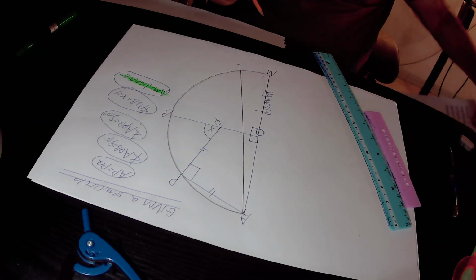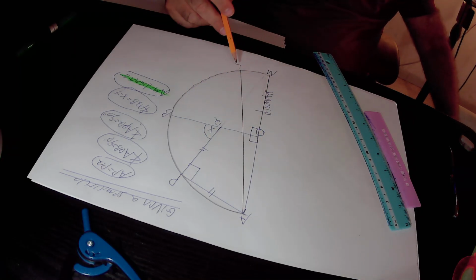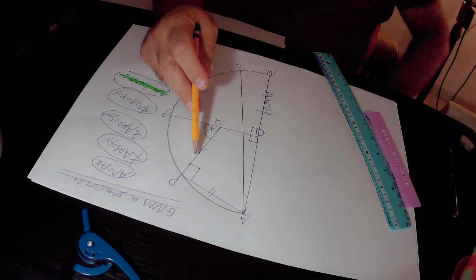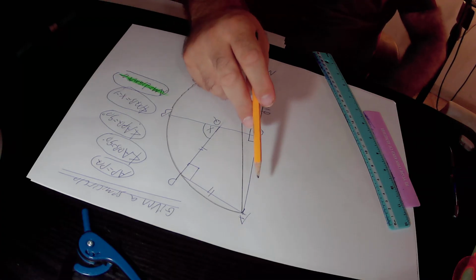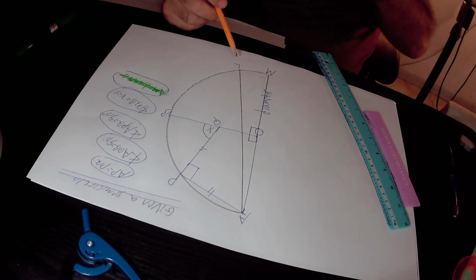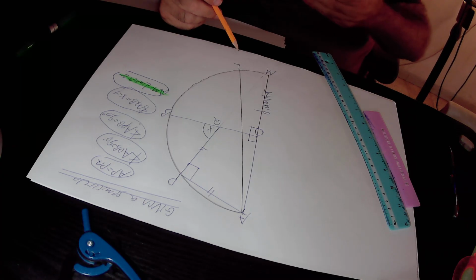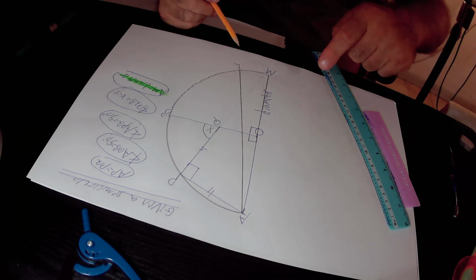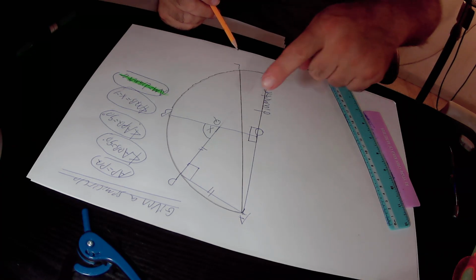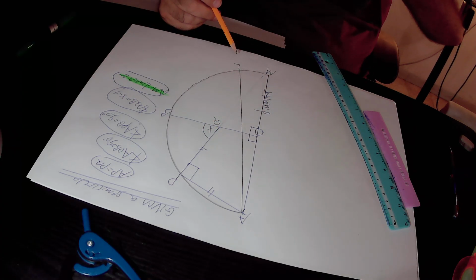But here we have peripheral angle APL that is equal to 90 degrees, and it subtends AL, which is not the diameter of the semicircle. This is a contradiction to rule 5. So due to the contradiction to rule 5, the extended line segment PQ cannot touch the circle at point L.